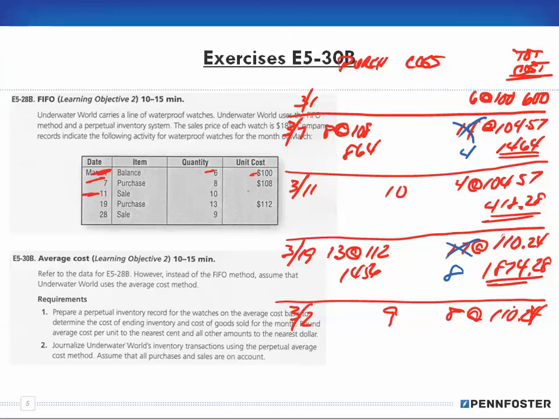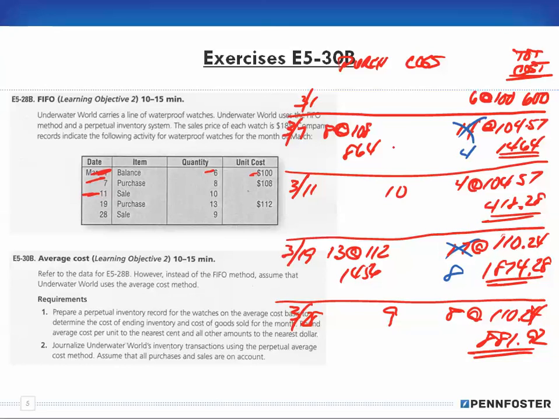So I have 110.24 times 8, which gives me 881.92, the value of the inventory on 328. So that's keeping track of my perpetual inventory using the average cost method.